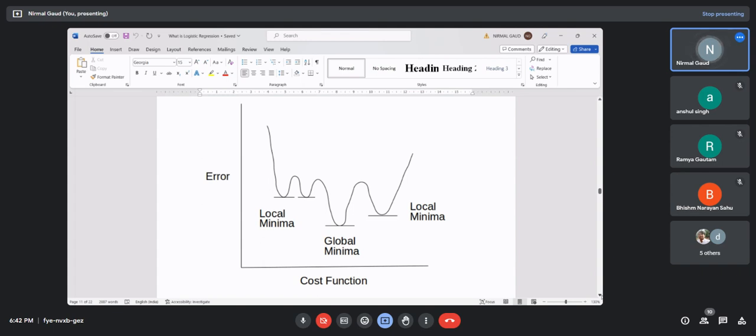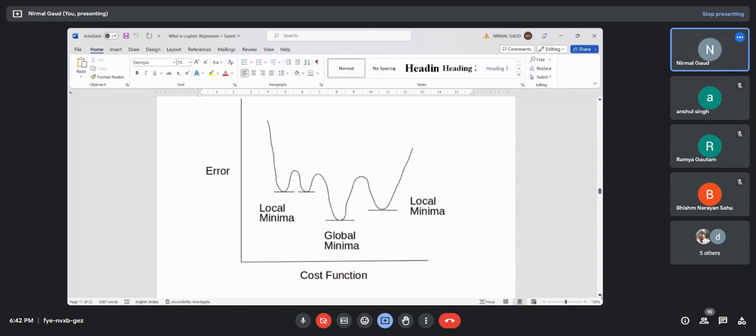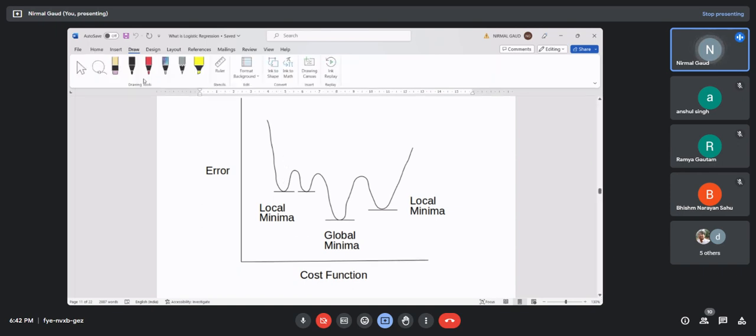The case is something different. Here is the graph between error and the cost function. You can see that there are many local minima. If I believe that this is my local minimum, and I say okay, I got the local minimum, you can still see that the error is more. If I select this particular point, you can see the error is more.